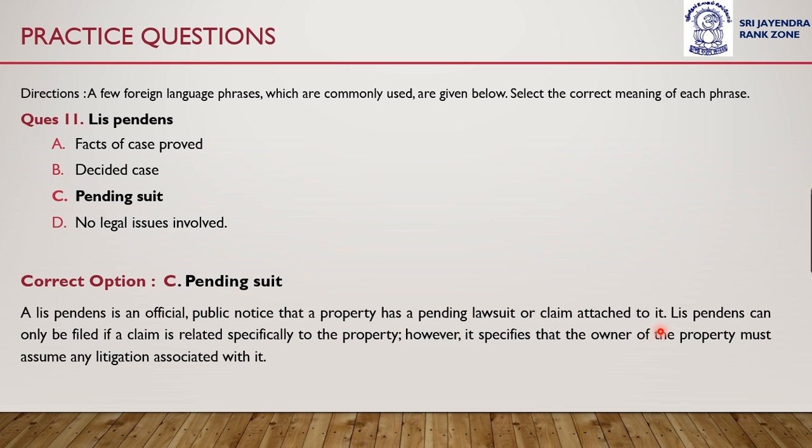It can only be filed if a claim is related specifically to the property. However, it specifies that the owner of the property must assume any litigation associated with it. So, lis pendens means option C, pending suit.